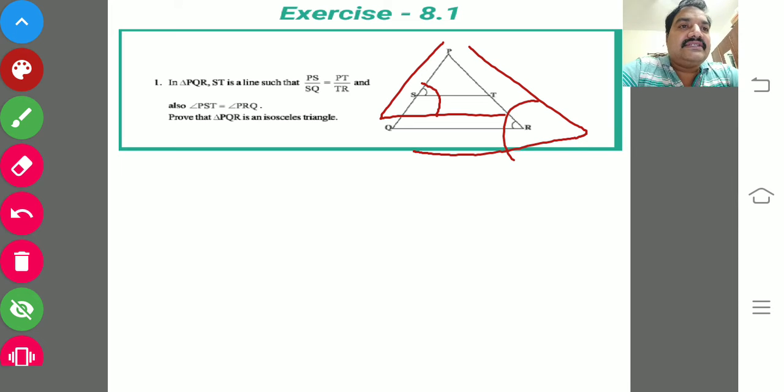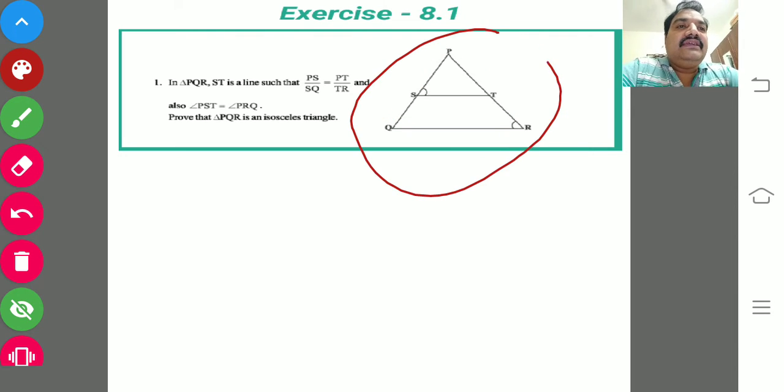What are we going to prove? That the triangle should be an isosceles triangle. Isosceles triangle means the opposite angles should be equal, so angle PQR equals angle PRQ. If you prove that, then you can easily reach your destination.